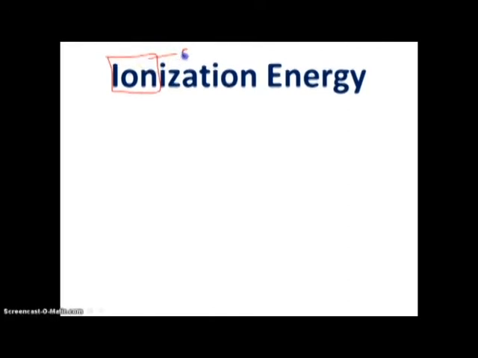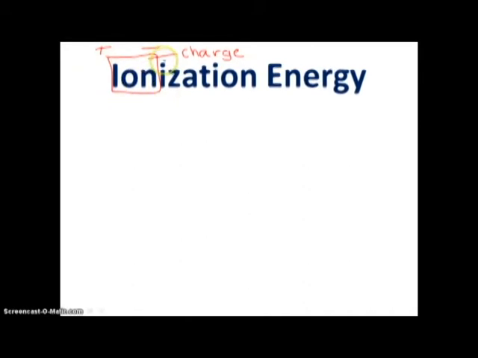So it's an atom that has a charge. That means it might be a positive ion or it might be a negative ion. A positive atom or a negative atom, those are charged atoms.